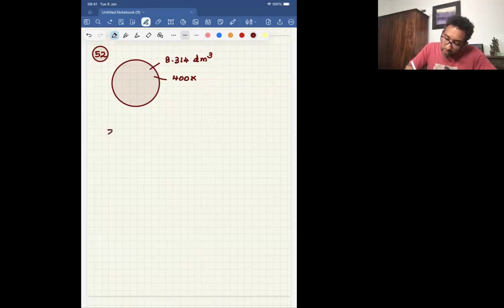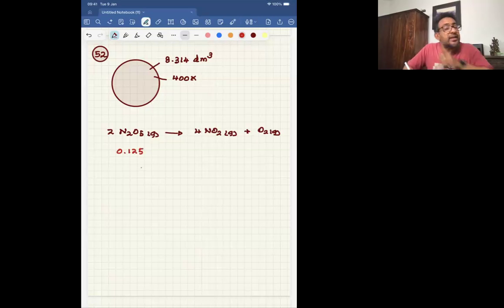Alright. So 2N2O5 gas gives 4NO2 gas plus oxygen. So at the very beginning, N2O5 you had 0.125. Let us say 2x moles reacted after 5 seconds.